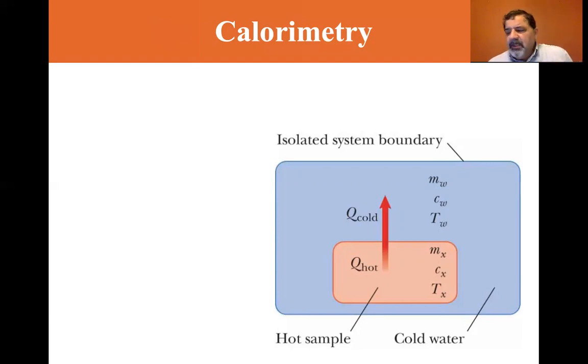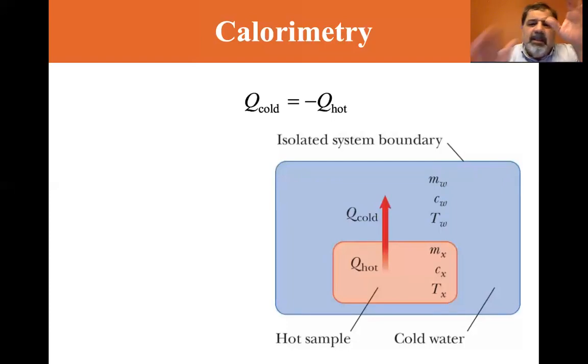Calorimetry. Now, in calorimetry, we learned that Q cold equals minus Q hot. Like we did the experiment with aluminum shot or copper shot, we heated it up and put it into cold water. The amount of heat lost by the hot shot equals the amount of heat gained by the cold. Now, you notice it has an isolated system boundary.